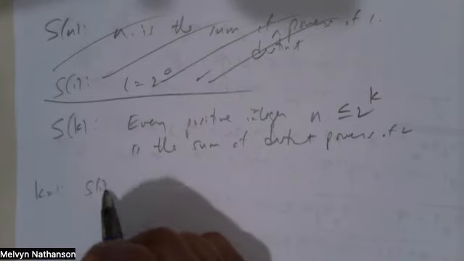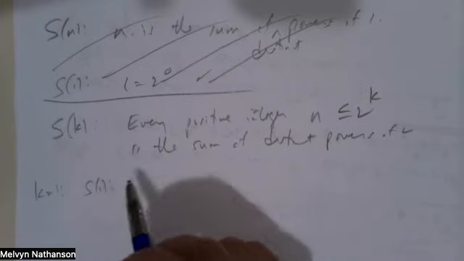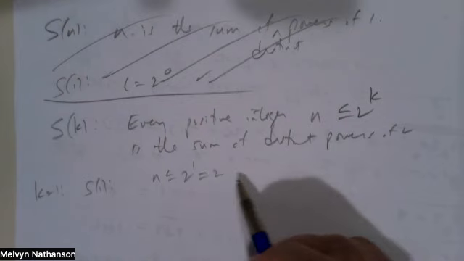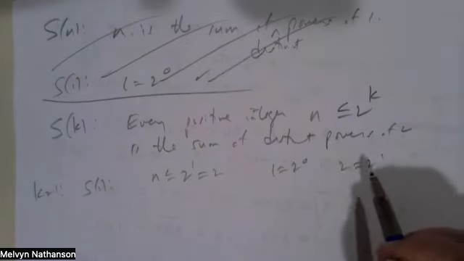So when you let k equal 1, what does S of 1 say? Every positive integer n less than or equal to 2 to the 1, which is 2. So it's saying that every number up to 2 is the sum of distinct powers of 2. Well, that's true because 1 is 2 to the 0 and 2 is 2 to the 1st. What would this statement say for k equal 2?